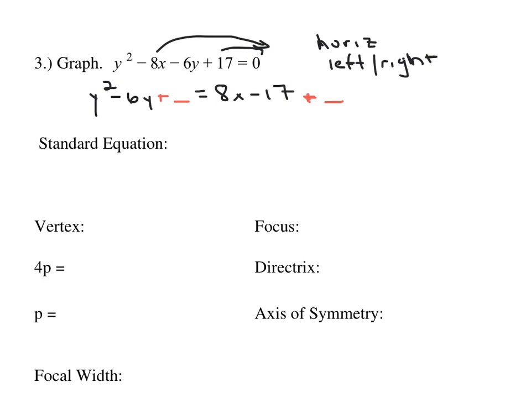So -6 divided by 2 and squared, you'll get 9. So you'll have y minus 3 squared. When you factor it, 8x minus 8. And then the last step here, to make it look like a standard form, I'm going to have to factor out the 8.